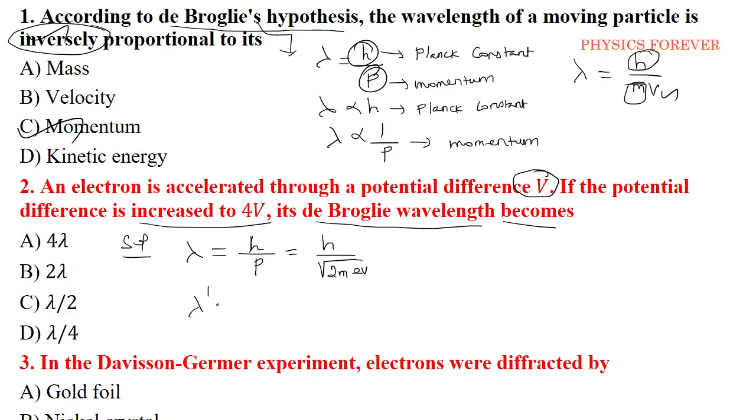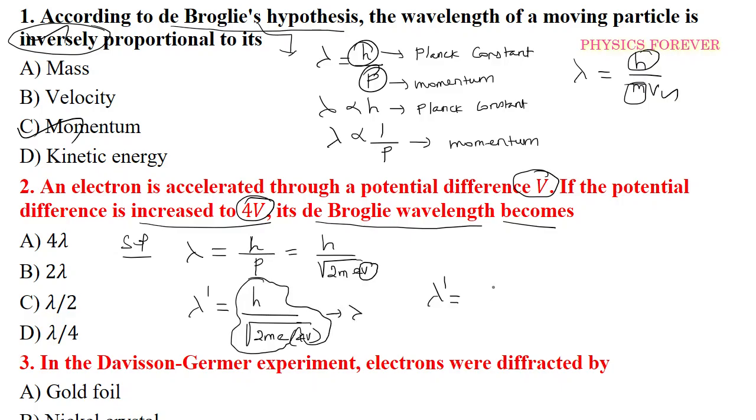Then lambda dash is equal to lambda divided by root 4, only the 4 remains. Taking root 4 we get 2.